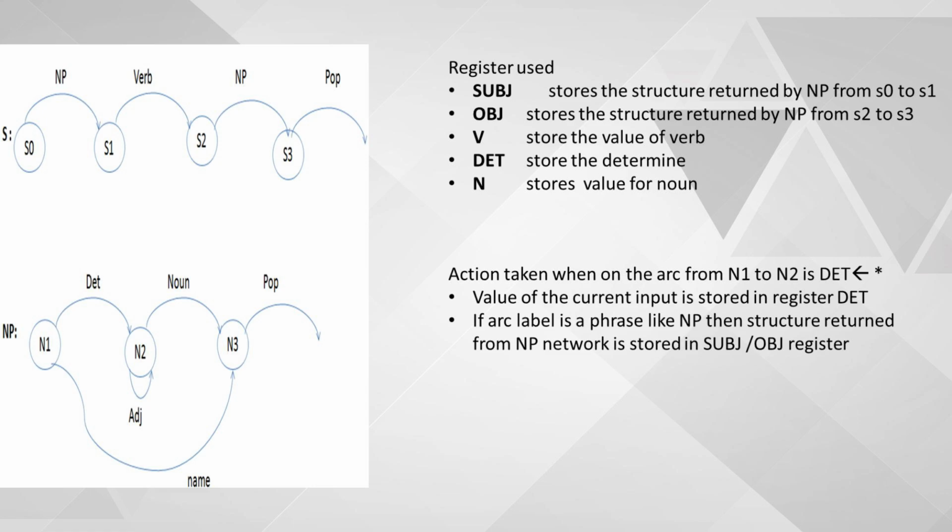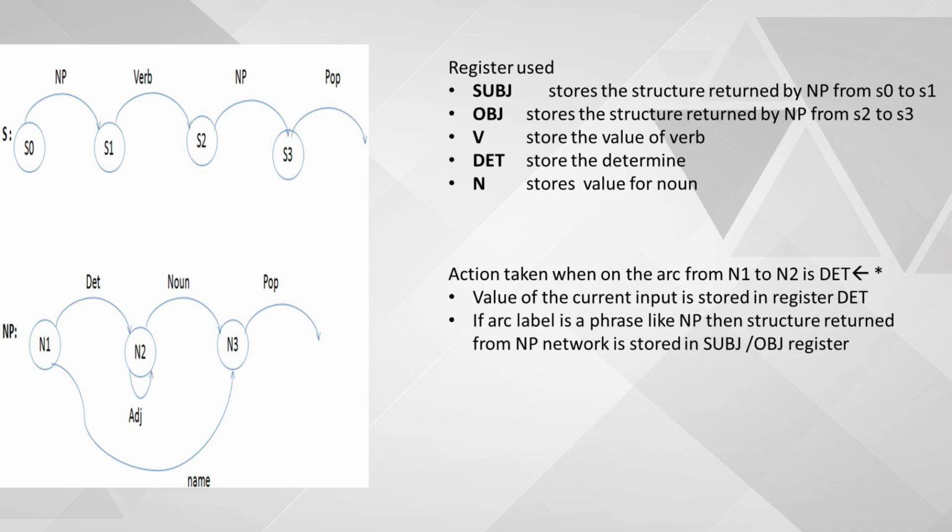SENDR causes it to be done by sending to the lower level. GETR returns the value of the indicated register. These are some of the commands which are used by the ATN language for setting up the register, for erasing the value, for building the entire structure.